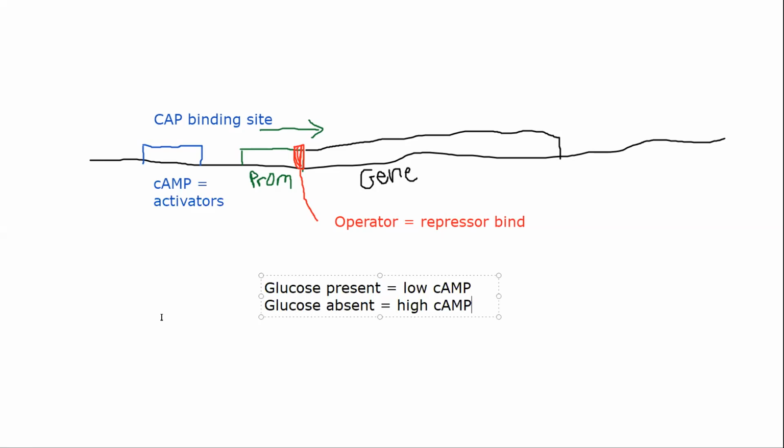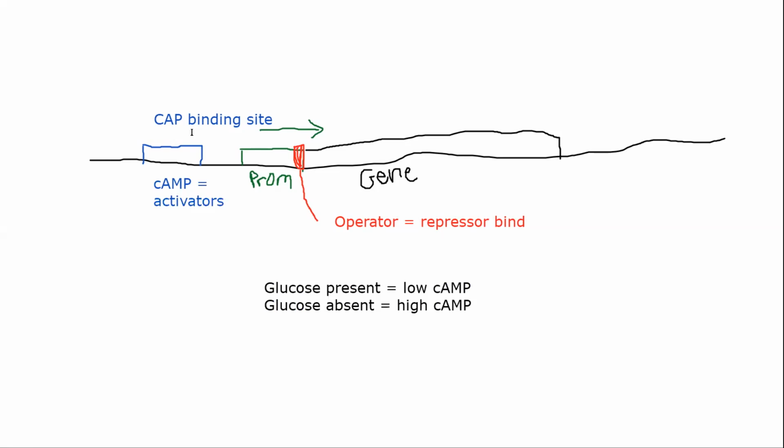And remember, cyclic AMP is an activator. So whenever the mafia lord's gone, all the kids can run out and play. In our story, adenylate cyclase was a merchant and cyclic AMP was her offspring, and they could play with CAP. CAP and cAMP could get together and play at the treehouse as long as glucose wasn't around.